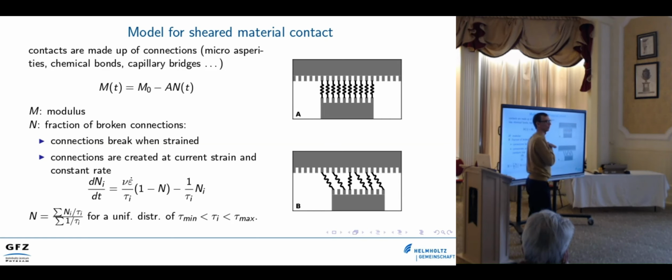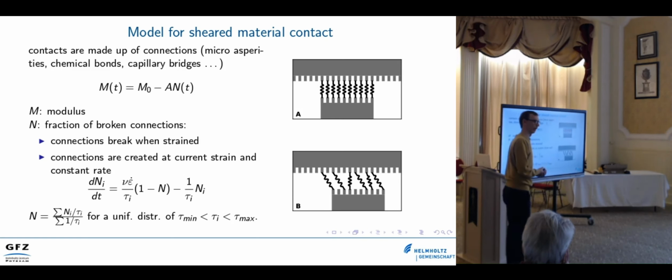When the contact is deformed fast, there's a tendency for the bonds to break, so the number decreases, and when it's at rest, when the strain rate is 0, the contacts form again. The difference to the former model is that it's in shear motion and not in lateral motion.